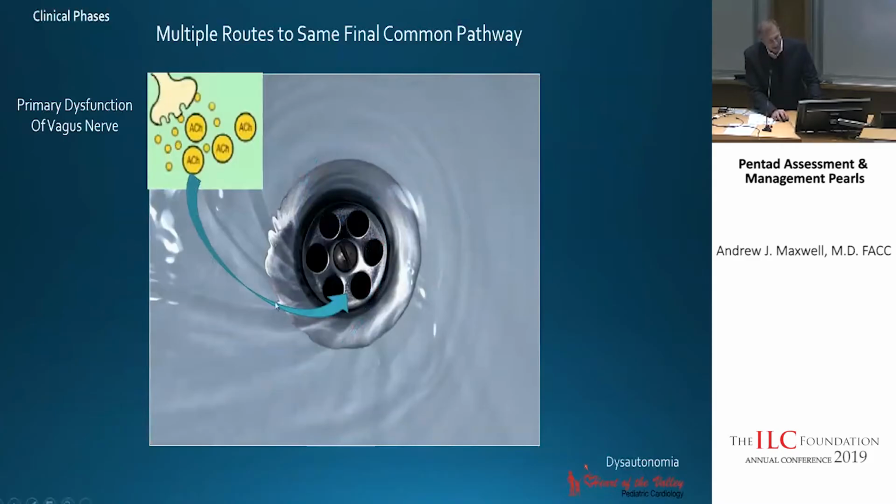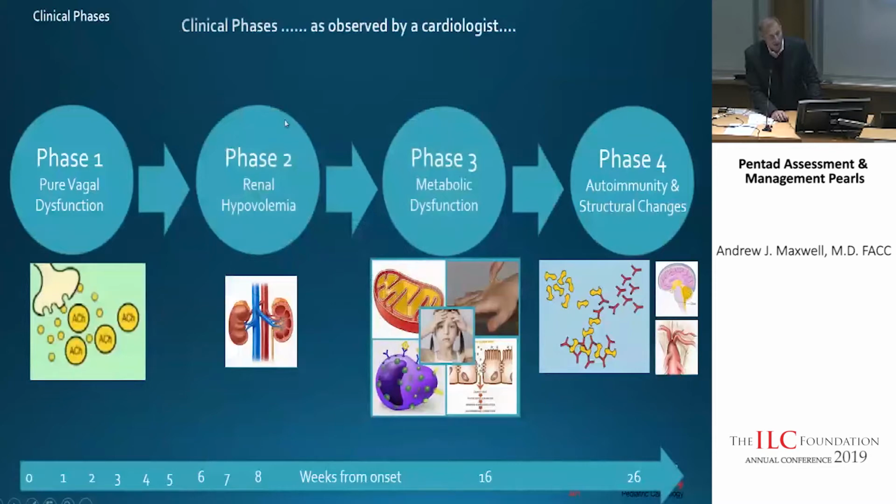But just to give an example of what I call the clinical phases of the development of the Pentad, if you were to start with just a pure vagal dysfunction phase, you see patients going perhaps over a couple of years' time through these phases: a pure vagal dysfunction phase, followed shortly after by what I call a renal hypovolemia phase, into what's called a metabolic dysfunction phase, where kind of everything goes awry in all directions of the body.